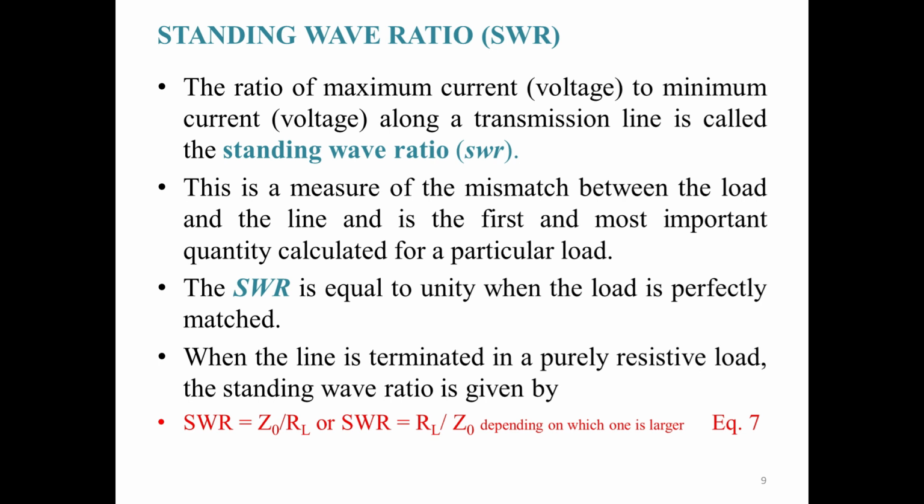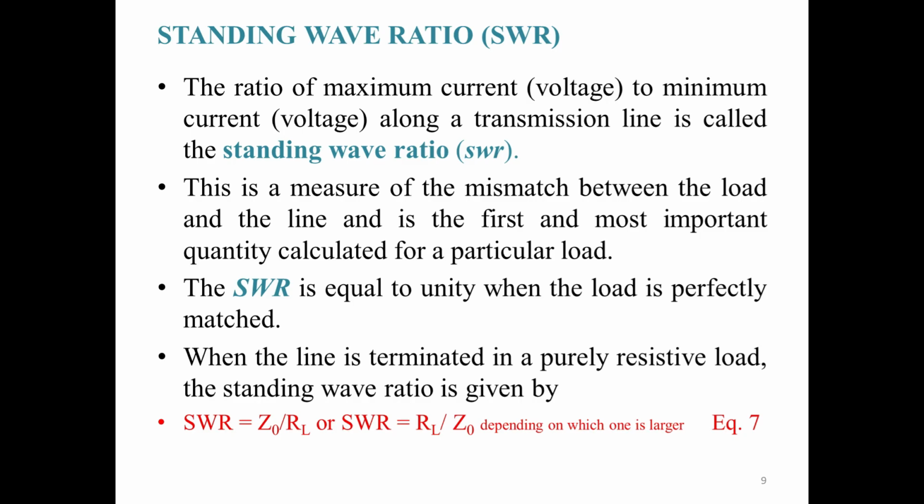The ratio of the maximum current or voltage to the minimum current or voltage along a transmission line is called the standing wave ratio. This is a measure of the mismatch between the load and the line and is the first and most important quantity calculated for a particular load.